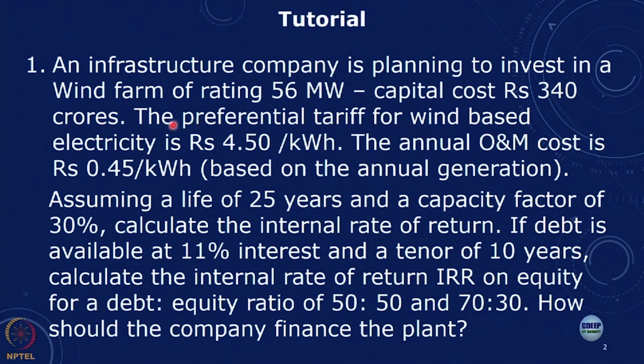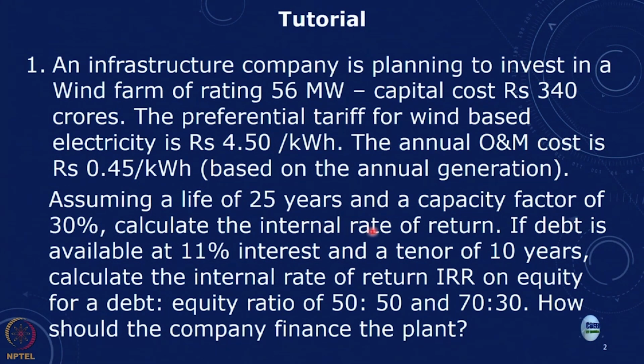The wind farm has a preferential tariff for wind based electricity at 4 rupees 50 paisa per kilowatt hour, and then there is an annual operation and maintenance cost of 45 paisa per kilowatt hour. So, this O&M cost will be multiplied by the annual generation. We are told that the life of the plant is 25 years and the capacity factor is 30%. So, we know how much generation.